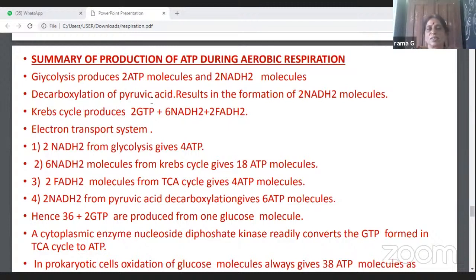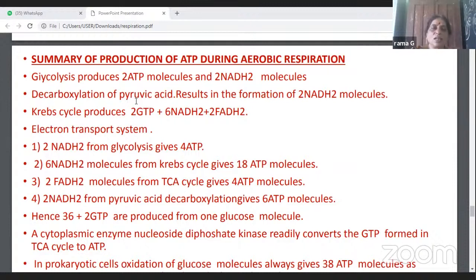So what is the main intention of this interconnecting stage between the glycolysis and Krebs cycle? Two pyruvic acid molecules are produced as an end product of glycolysis.